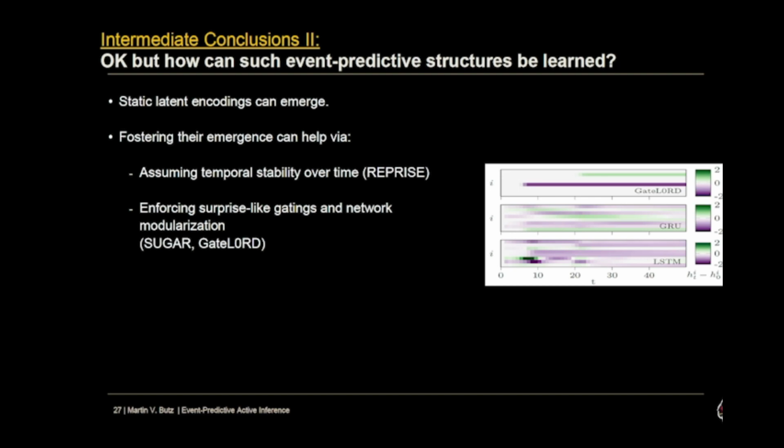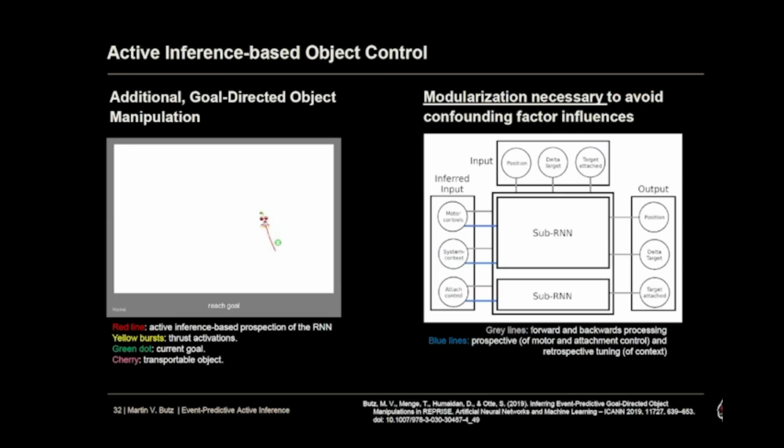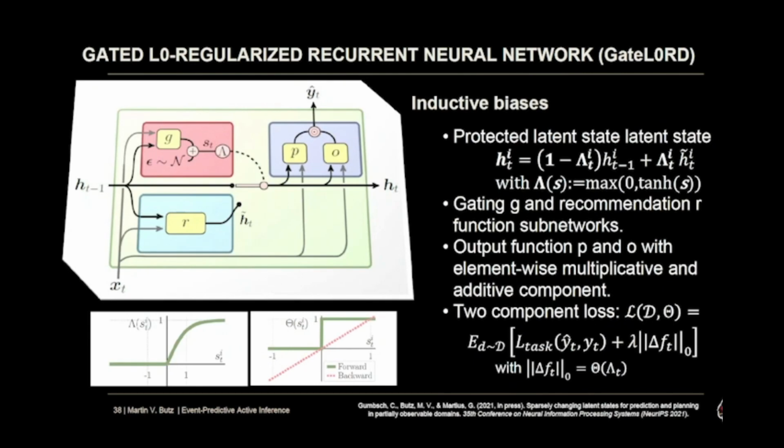Let me jump briefly to the last architecture along these lines. It is the gated L0 regularized recurrent neural network architecture. It's currently in press, will come out this year, still in NeurIPS 2021. It essentially maintains the architecture that we just talked about.